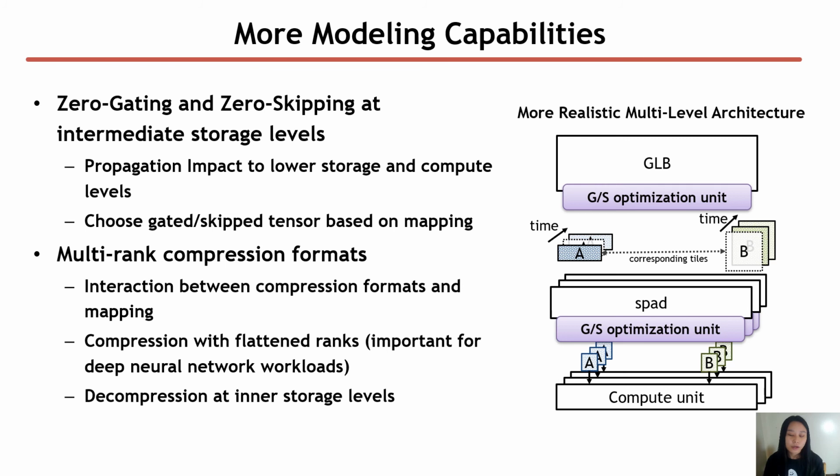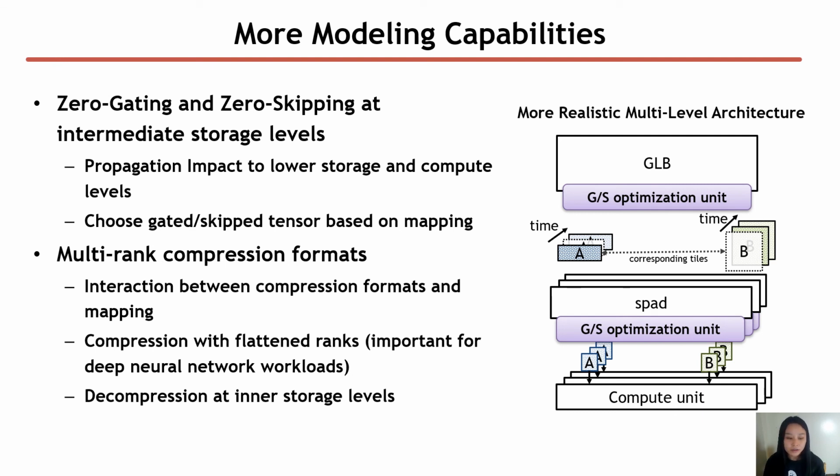We also are able to look at more modeling with the multi-rank compression formats. As you can imagine, when you are tiling the tensor more, you're introducing more ranks, so then your compression becomes more complicated. So there is an interaction between your compression formats and the mapping. You could also be flattening some ranks. For example, usually for DNN workloads, we will be flattening the RNS dimension of the weights, or we'll be flattening the C and N for input activation.